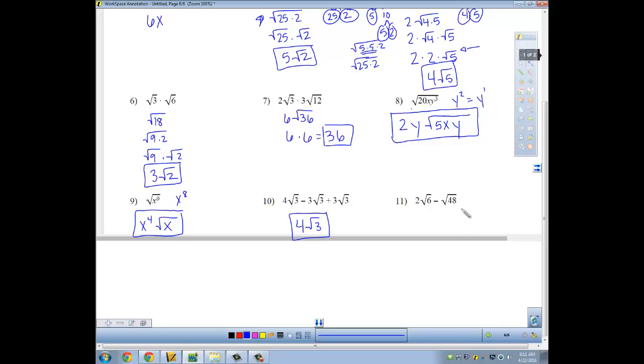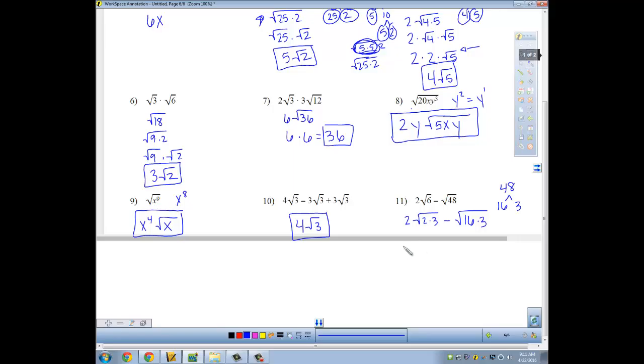Number 11, this one's kind of weird. I can factor 6 into 2 and 3. And then minus 48. You could factor into 16 and 3. I know some people chose 6 and 8. That's fine. Just do what you did up here where you combine your pairs. So I have square root of 16 times 3.